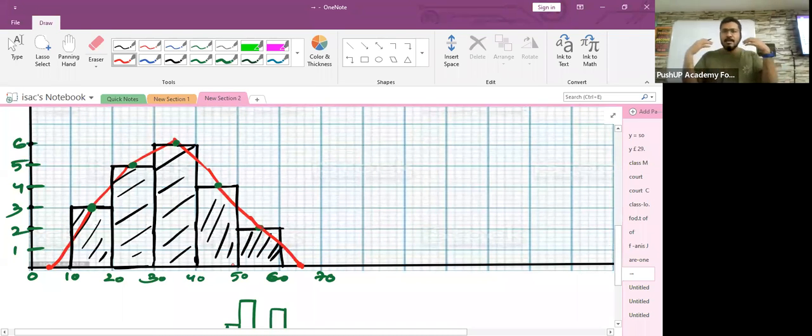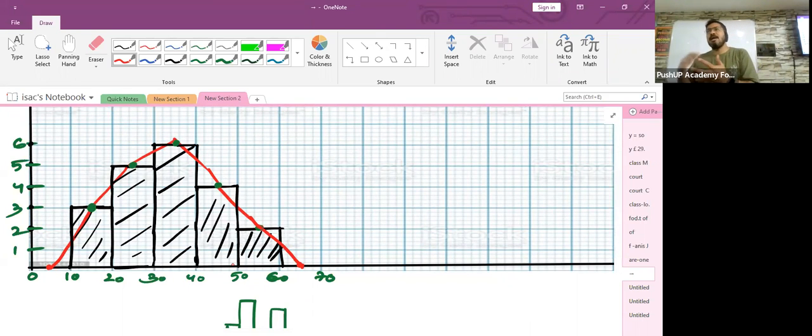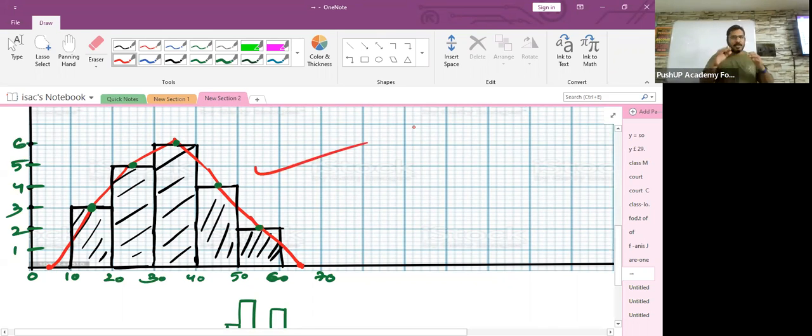Because in the table which is given to us, we have 50 to 60 as the last class interval. So what is the next class interval after 50 to 60? 60 to 70. So we have to connect it to the midpoint of 60 to 70. Your frequency polygon is also done. So this is how you construct a histogram and a frequency polygon together on the same graph paper.